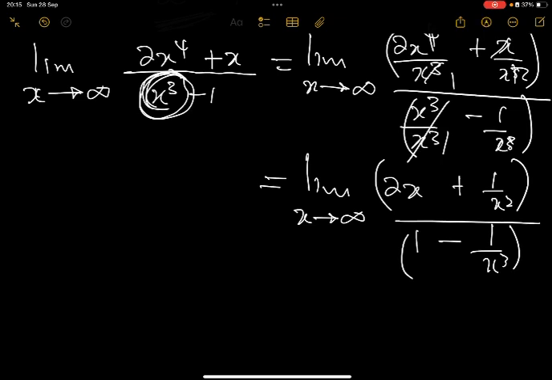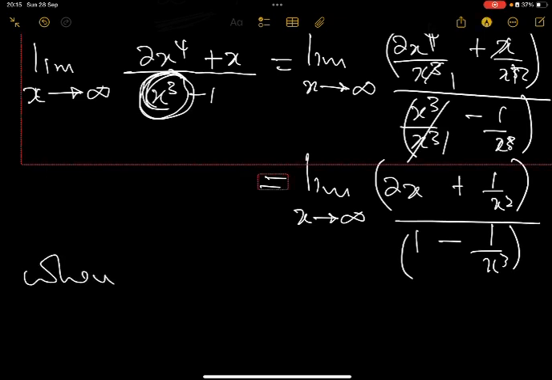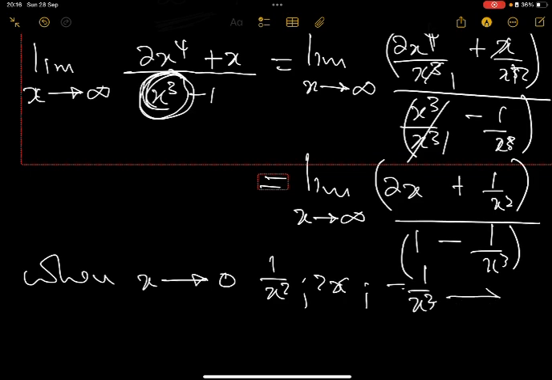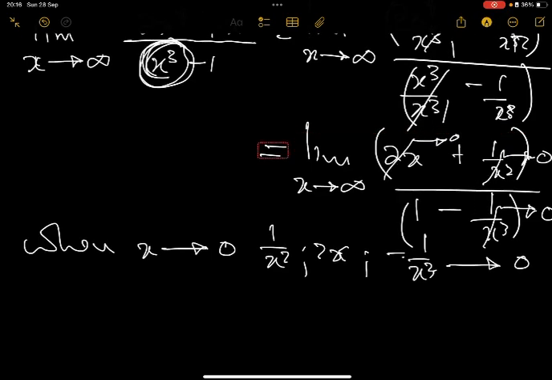Then we have to write this statement when x approaches infinity. 1 over x squared, 2x, negative 1 over x cubed nullify to 0. So this one nullifies to 0, this one nullifies to 0, this one nullifies to 0.